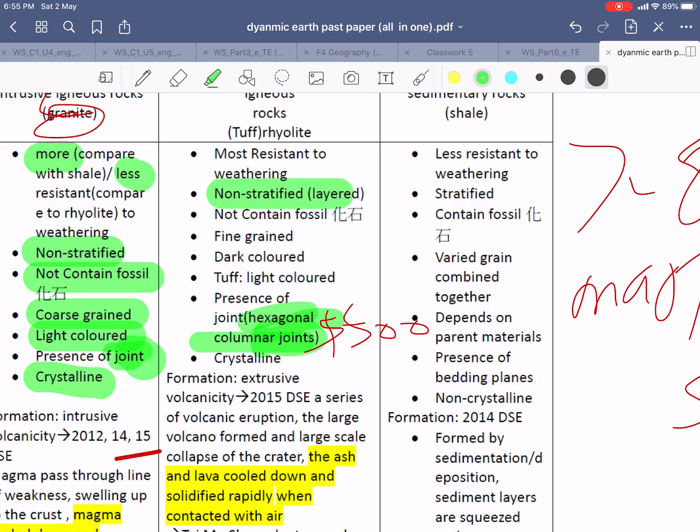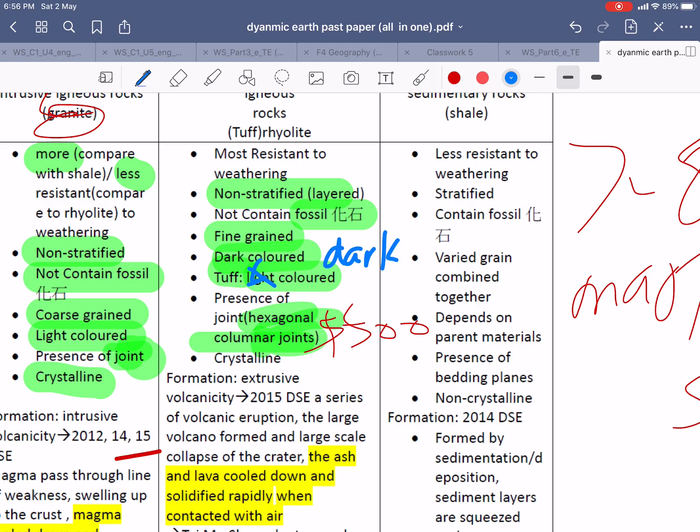For example, non-stratified, which is not layered, and low fossil, but the differences are like this. Okay, fine-grained, dark-colored mostly. Okay, but for the tuff is light color, dark color. My bad. Okay, dark colored.